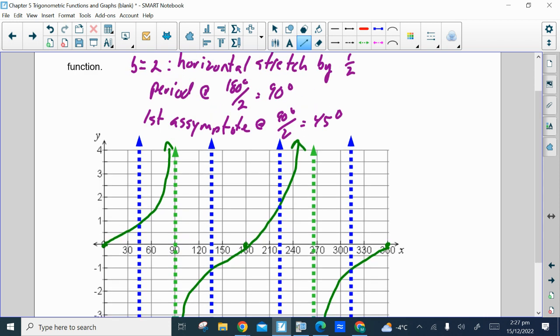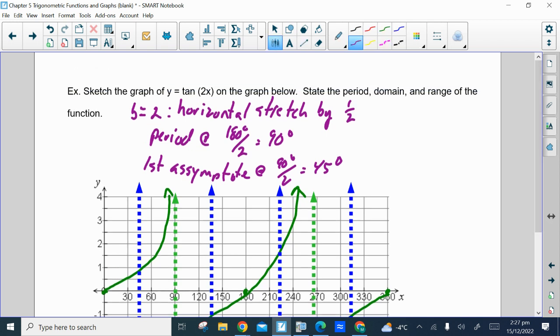Remember before, the x-intercepts were starting at 0 and then every multiple of 180? Well, now they'll be 0 and every multiple of 90 degrees, half of 180. So we can make note of that as well. Before, the x-intercepts were at every 180 degrees.